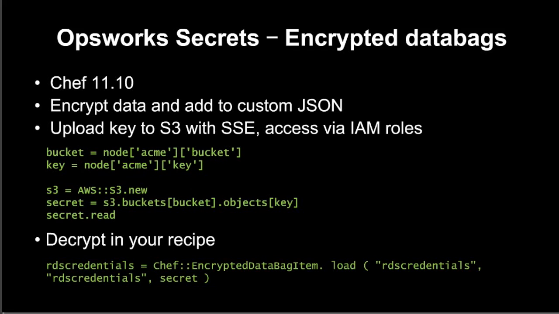You can protect it with server-side encryption. And again, you can use the same approach that we described before with CloudFormation to access that file only via designated Identity and Access Management roles. Then, from within your recipe, when you want to consume that information, you will decrypt it using the encrypted data bag item function of Chef.